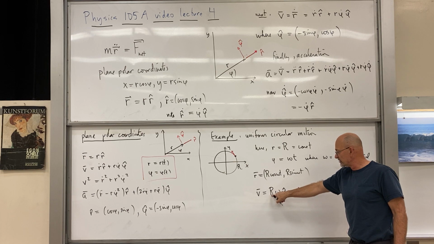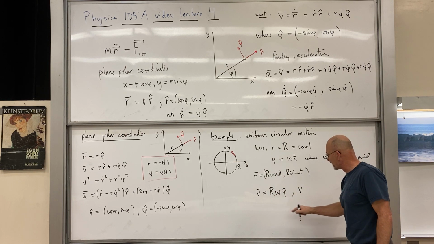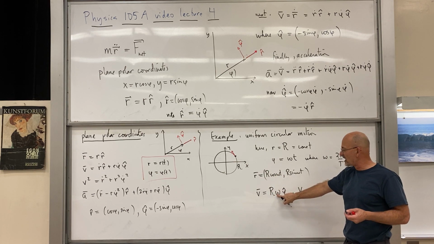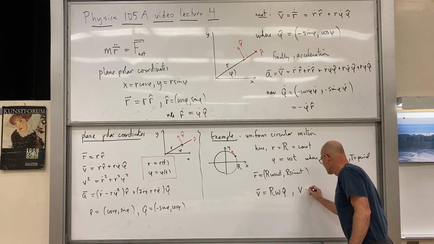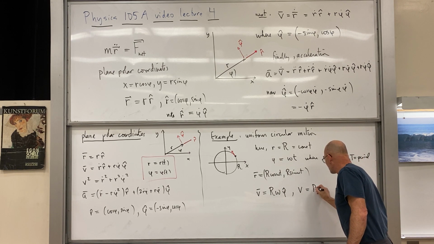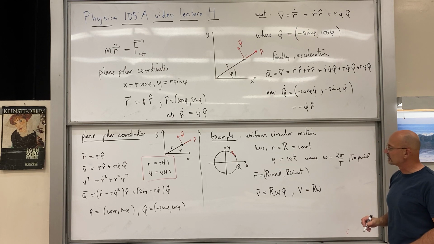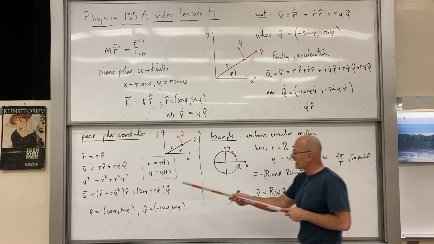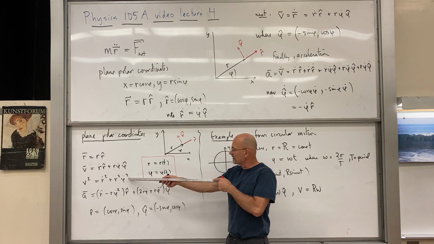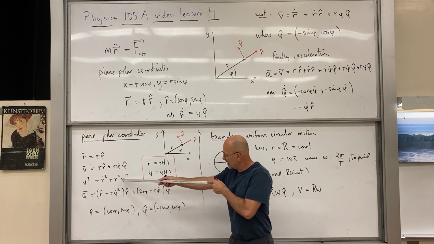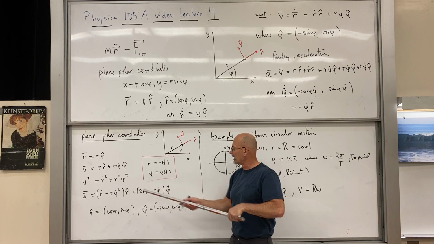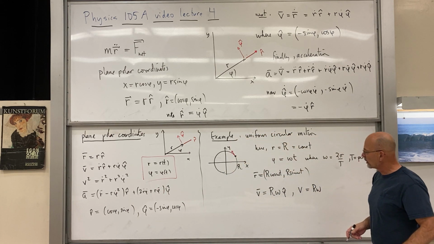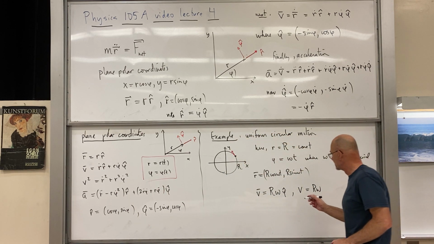We'll just keep omega being constant, positive. It's just R omega. So that's the velocity. And we would also have that the velocity squared is R squared omega squared. Okay. What about the acceleration?